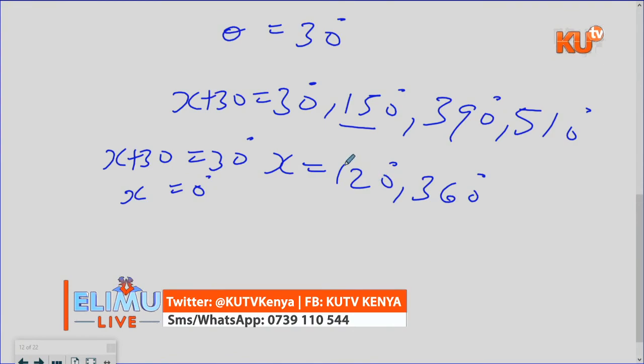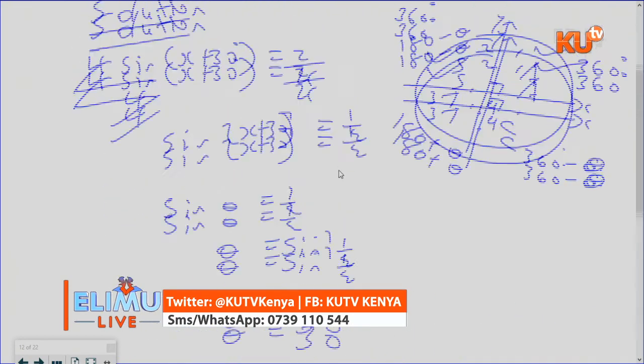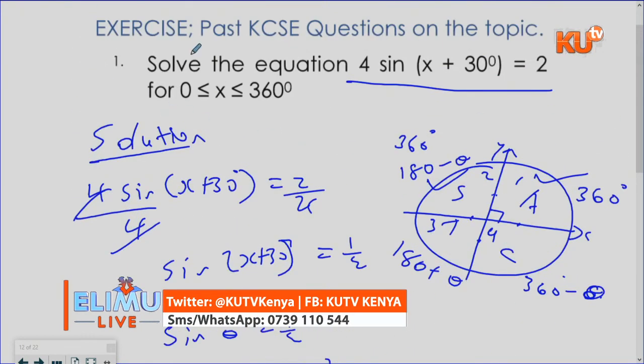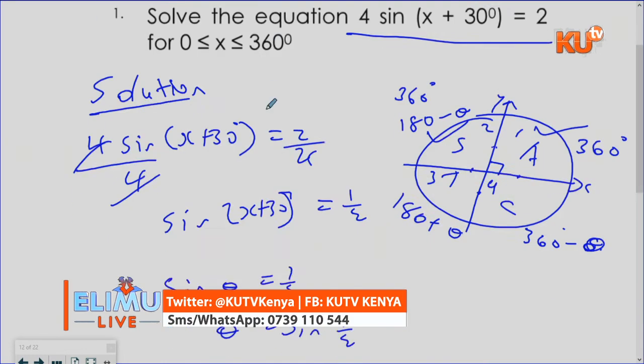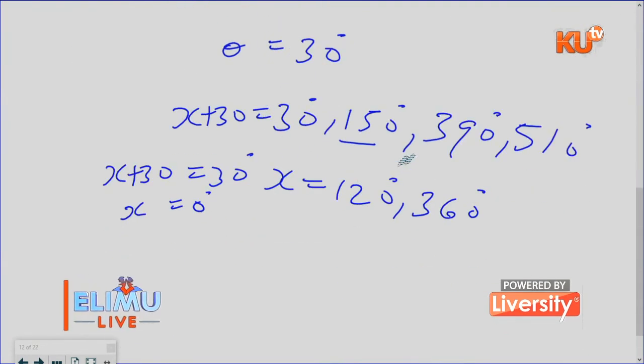You can still have your 0, because when we say less or equal, it means 0 is also part of the answer, and here less or equal to 360 degrees, it means this value can also be the answer for x. And that is why we are saying our x is 360 degrees, and you can also have your 0 as one of the answers there.